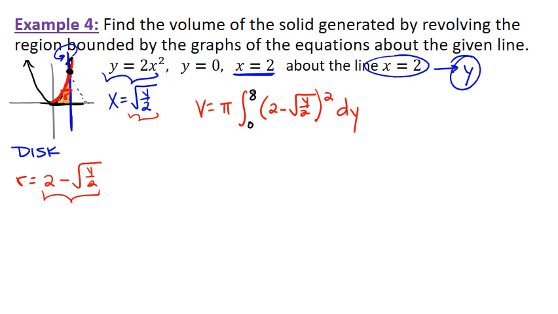Now, just like we saw before, I can't just distribute this square because I have a binomial here. So I'm actually going to want to FOIL this.